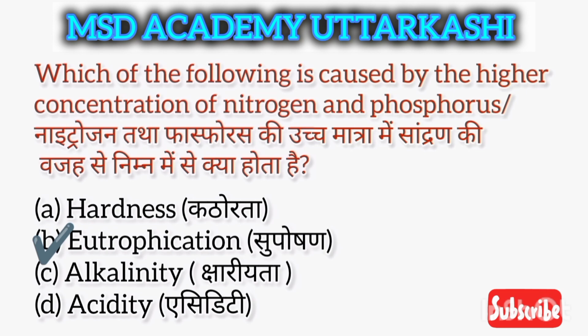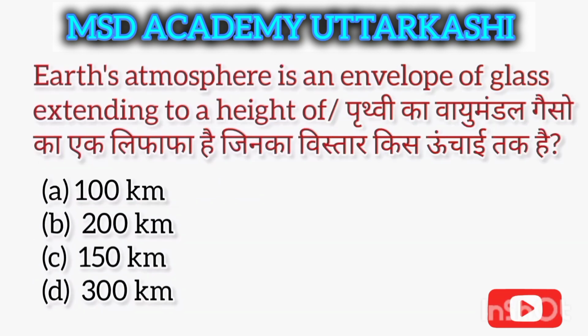Next question. Earth's atmosphere is an envelope of gas extending to a height of option A 100 km, option B 200 km, option C 150 km, option D 300 km.